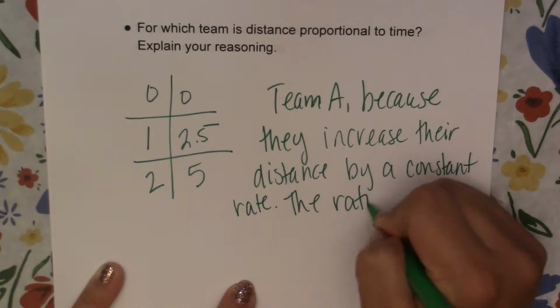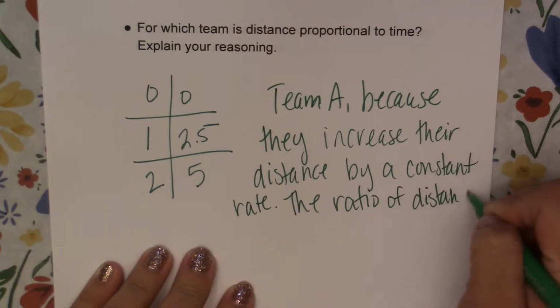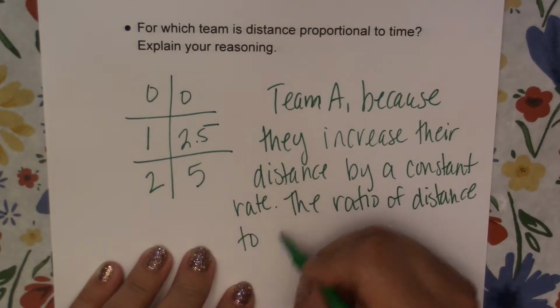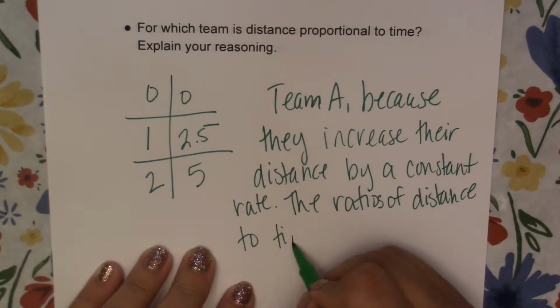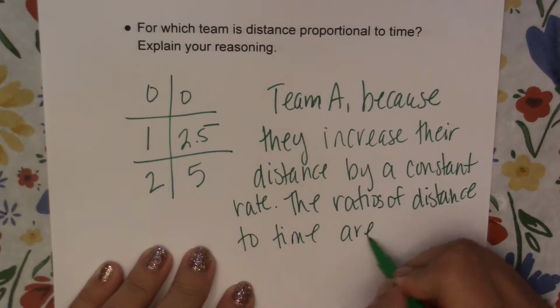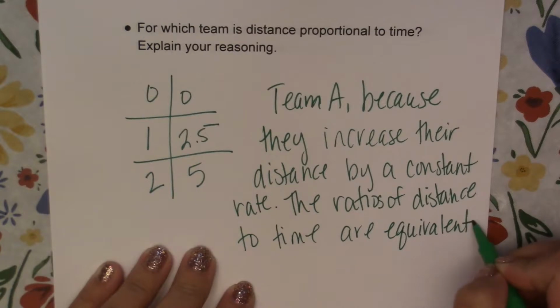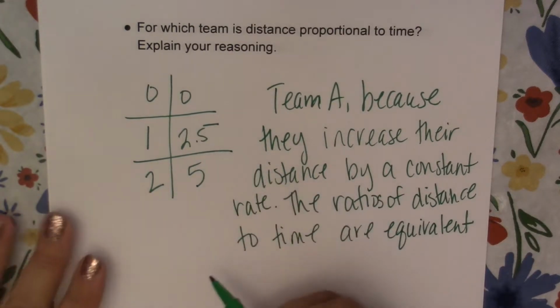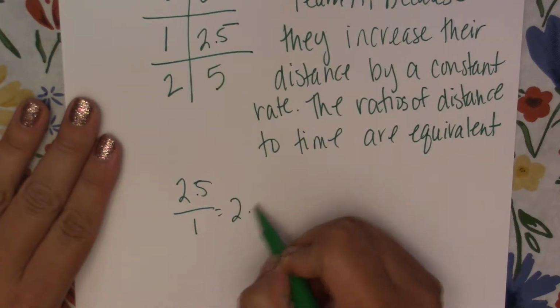Also, the ratios of distance to time are equivalent. In other words, if we go 2.5 to 1, we get 2.5.